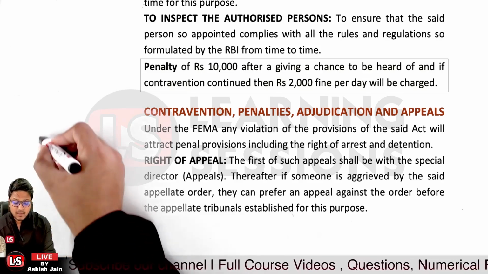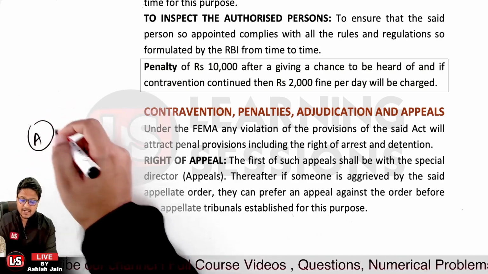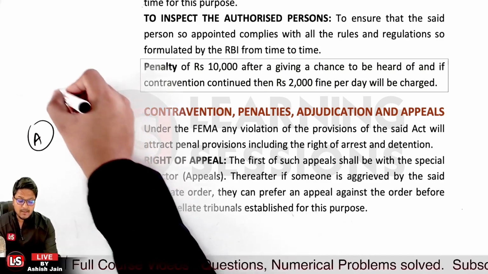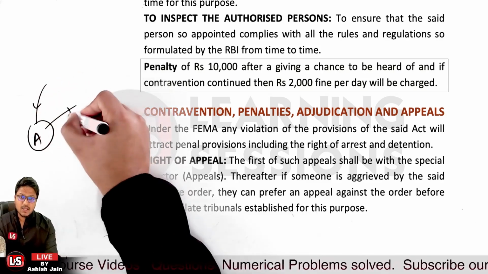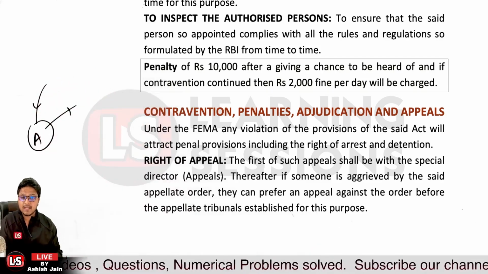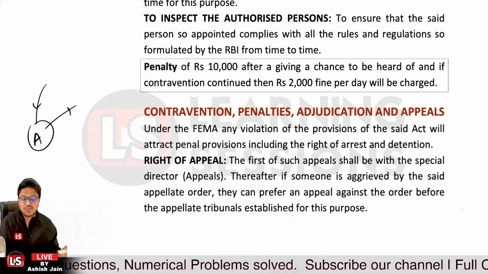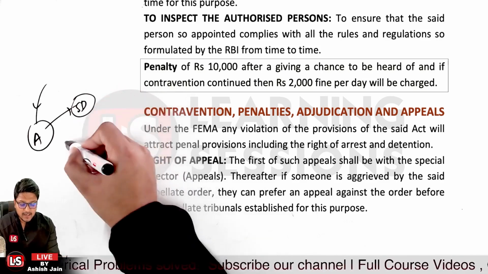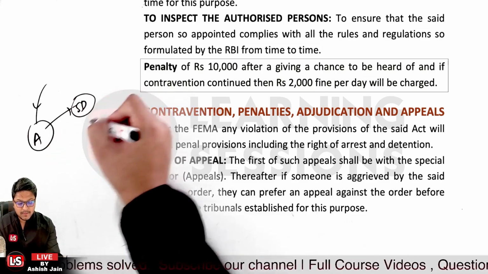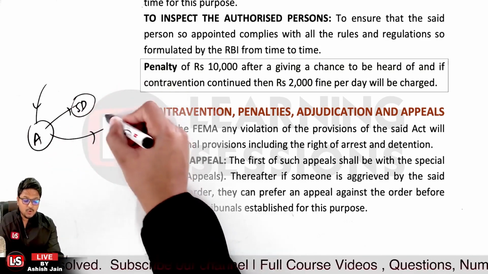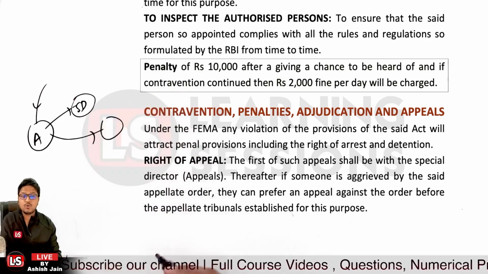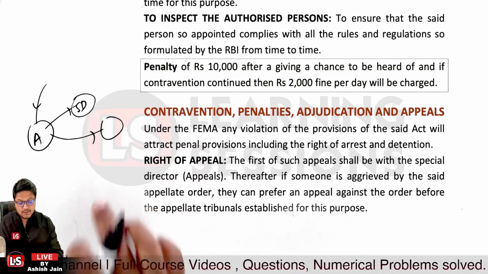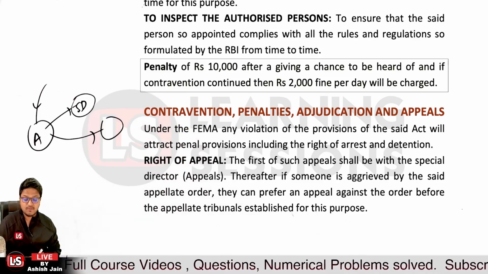So take this case: A is the authorized person and makes an error, and the RBI imposes a penalty. He can make an appeal to the Special Director, and the Special Director passes an order. If he is still aggrieved by the order, he can appeal to the special authorities, or we can say the appellate tribunals established for this particular purpose, and their decision will be full and final.